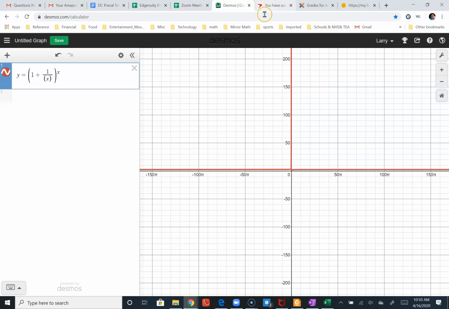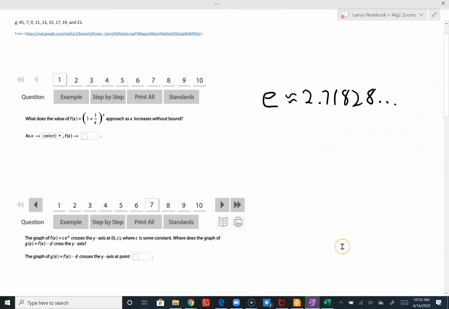So on number 1 here, as x tends to positive infinity, f of x tends to this value e, and that number right there.